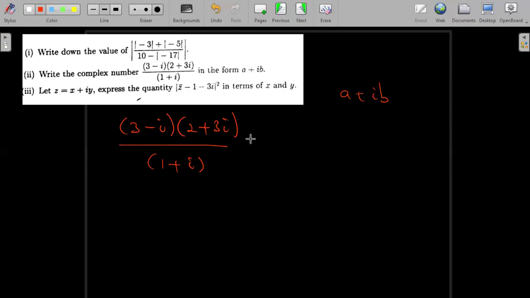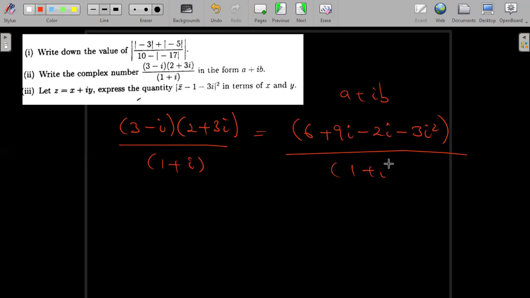On top here, I can easily just expand. I'm having 3 by 2, which gives me 6. I have 3 by 3, that gives me 9, so this will be plus 9i. And I have negative i by 2, that gives me -2i. Then -i by 3i gives me -3i squared. Then I close that, and down there I have 1 plus i.